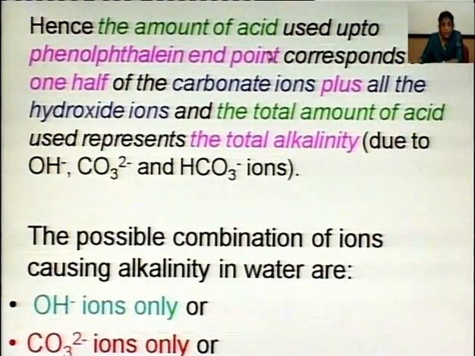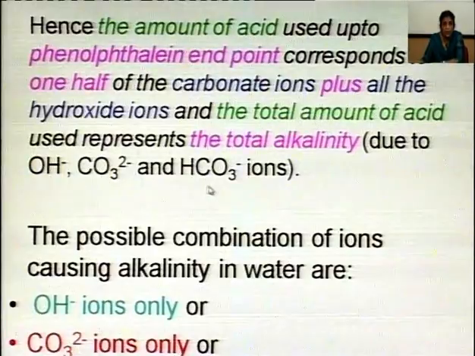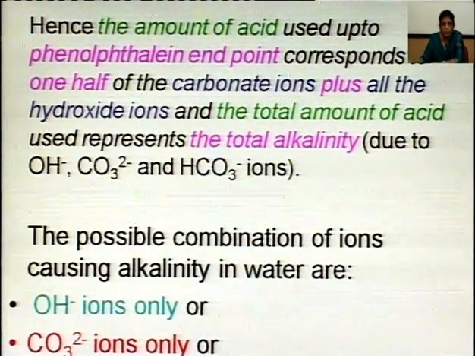Hence, the amount of acid used up to phenolphthalein end point corresponds to 1/2 of the carbonate ions plus all the hydroxide ions, and the total amount of acid used represents total alkalinity due to hydroxide, carbonate and bicarbonate ions.